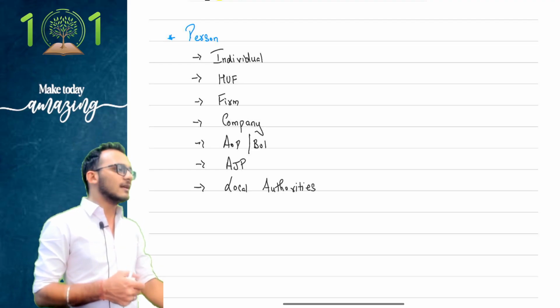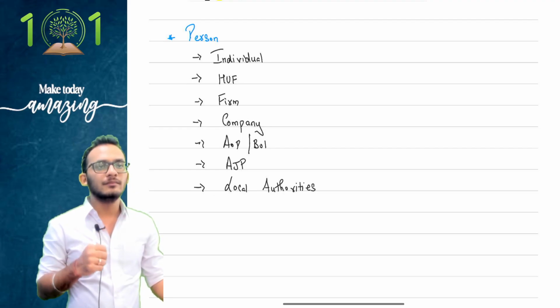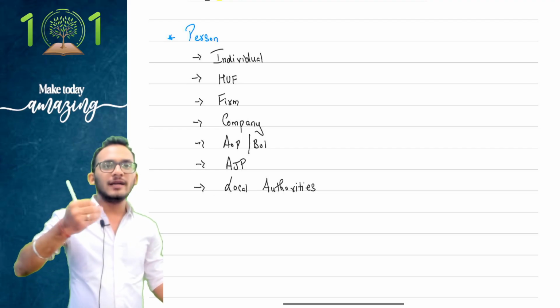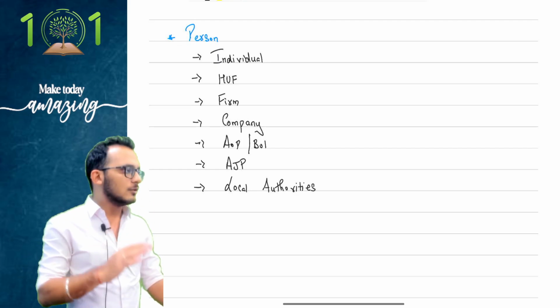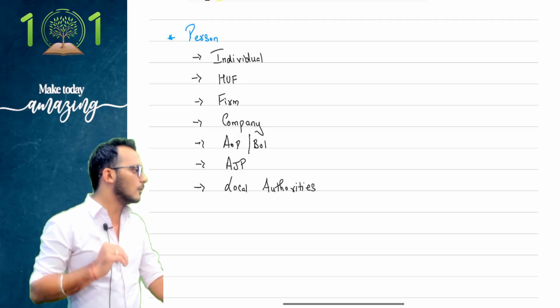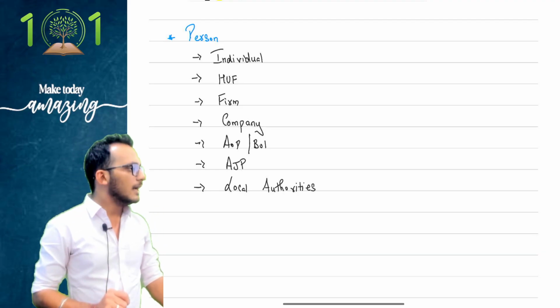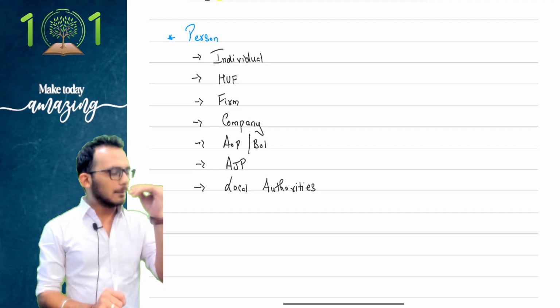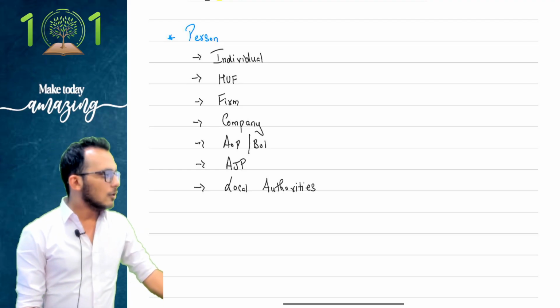When the state government is collecting municipal tax from you, technically for the state government that's an income, and central law will say I want tax on that also. It's a different conversation that today they are fully exempt and don't pay a single rupee tax, but in the future they can collect it from local authorities also. Therefore, the persons given to you are individual, HUF, firms, companies, AOP, BOIs, AJPs, and local authority.